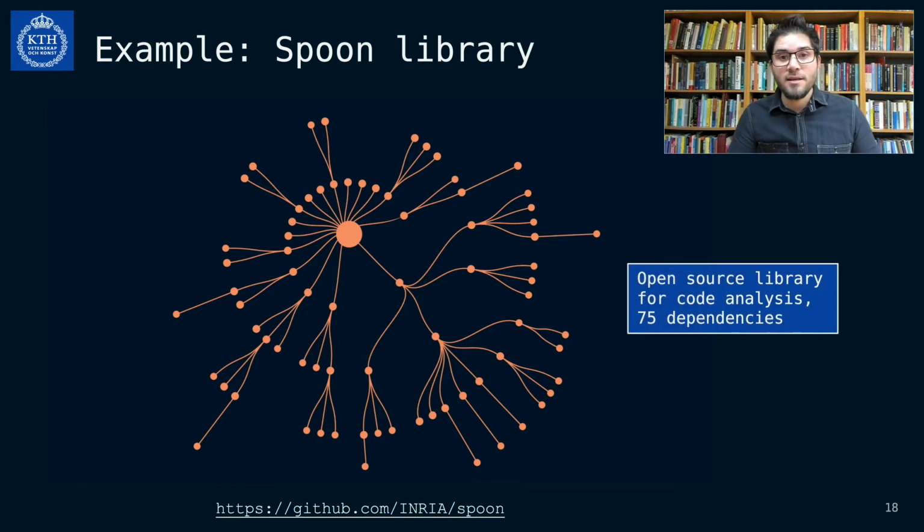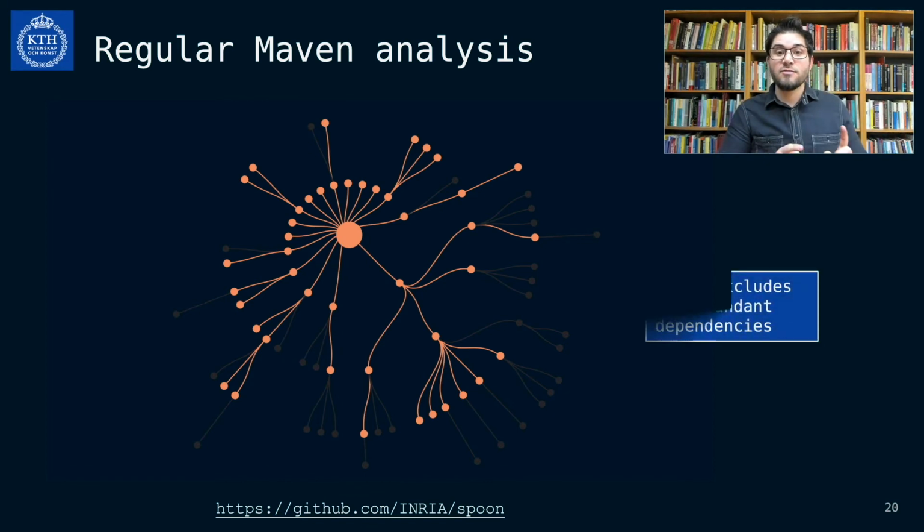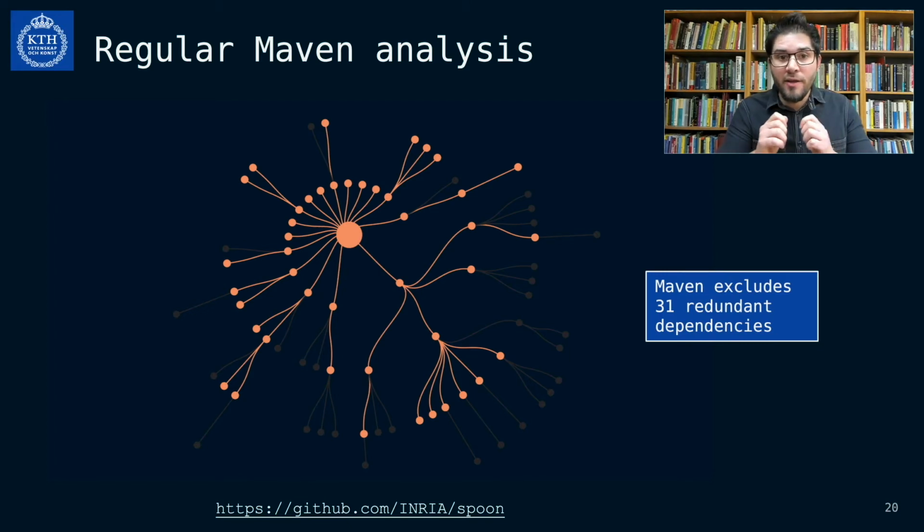It contains a total of 75 dependencies. As we can observe, there are both direct and transitive dependencies. Maven, as part of its standard analysis, excludes a total of 31 dependencies from its dependency tree. These are redundant dependencies, which basically means that they are duplicated versions of the same provider.